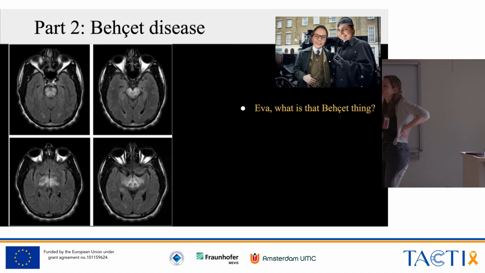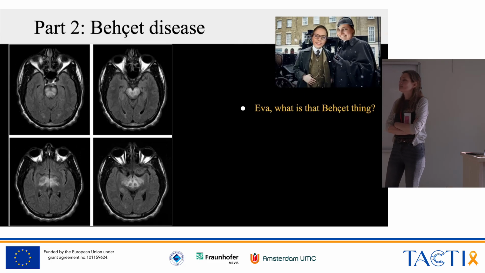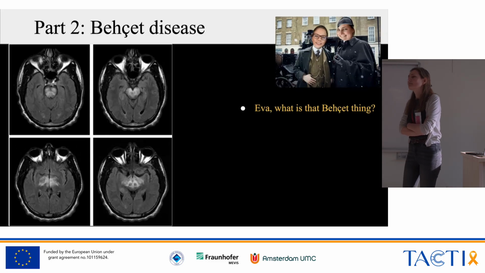There's a genetic disposition as well, and this is actually a clinical diagnosis. Behçet disease causes some overlaps: genital ulcers, inflammation within the eye, and some vascular thrombosis or aneurysms, and also neurological involvement.